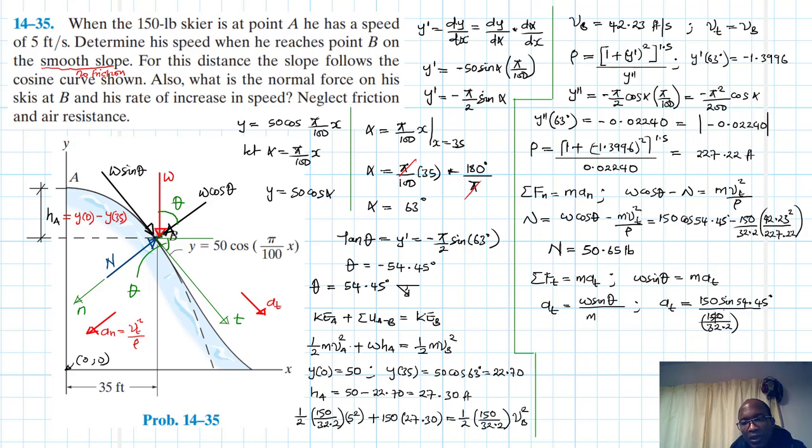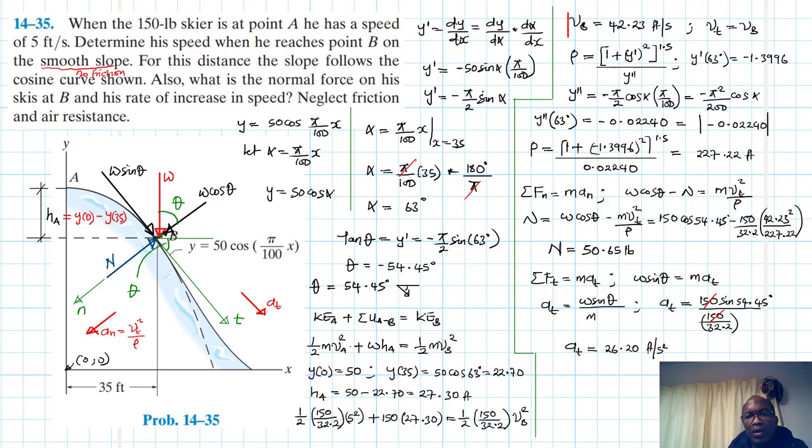So we can cancel these out, and therefore our acceleration just becomes 32.2 sine 54.45. So this just becomes 26.20 feet per second squared. Oh, I guess we are done.